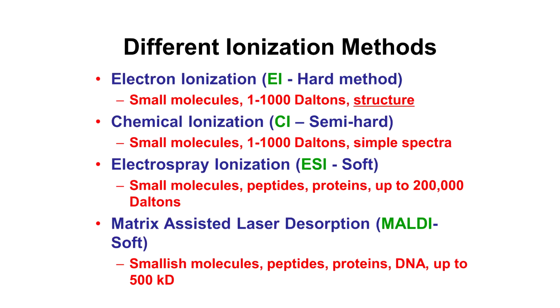Then there's two soft ionization techniques which were critical for the development of proteomics, but have also been widely used in metabolomics: electrospray ionization, or ESI, and MALDI. As I say, these are primarily used for proteomics, but they are increasingly and frequently used for metabolomics, and they give you spectra of the parent ion molecule and some of its adducts.